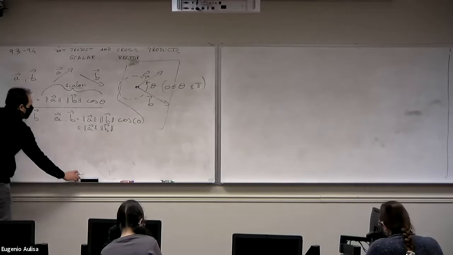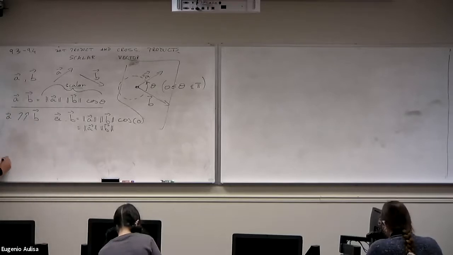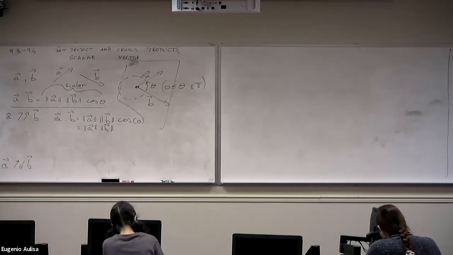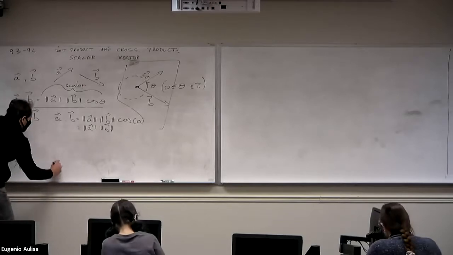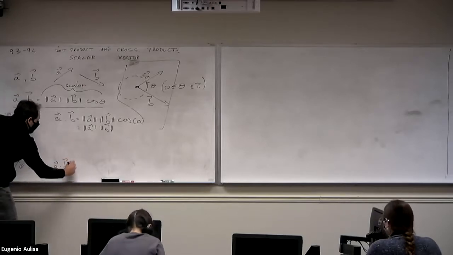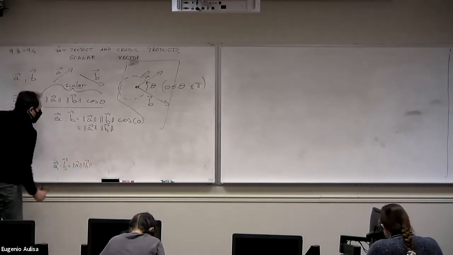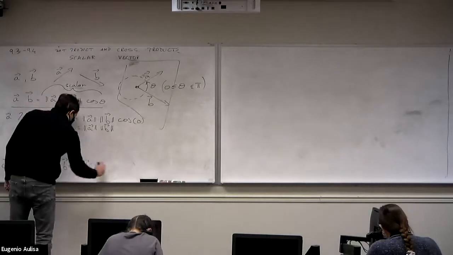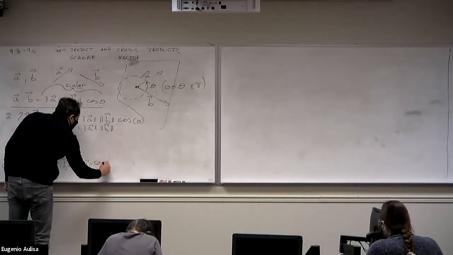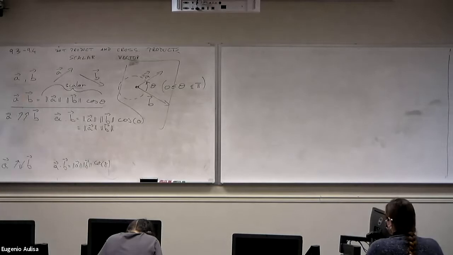Let's go to the other extreme. A is anti-parallel to B, so theta is pi. So in this case, A dot B is equal to the size of A times the size of B times cosine of pi, which is negative 1.